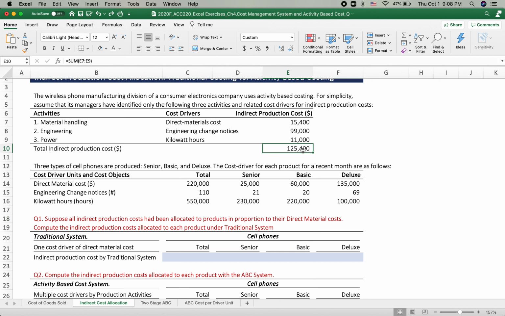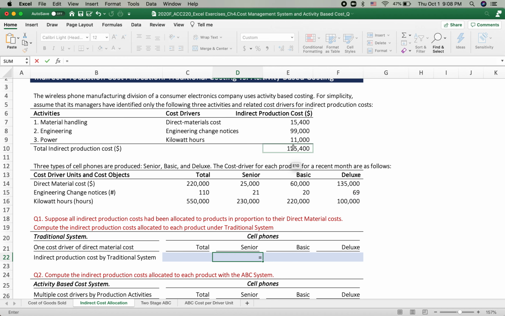So this 125,400 should be allocated using the direct material cost driver. So for senior, how do you get it?